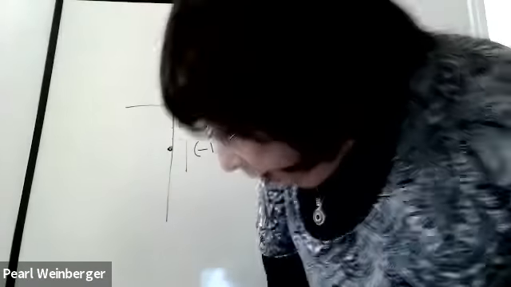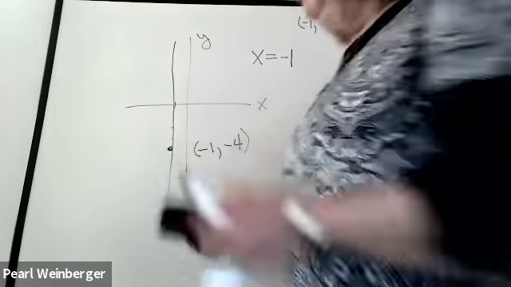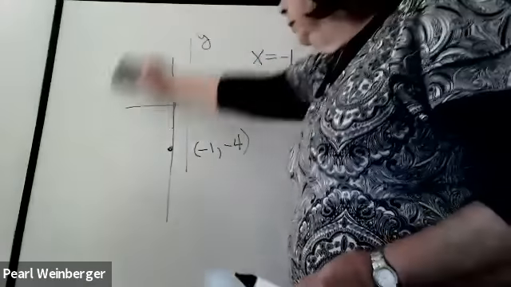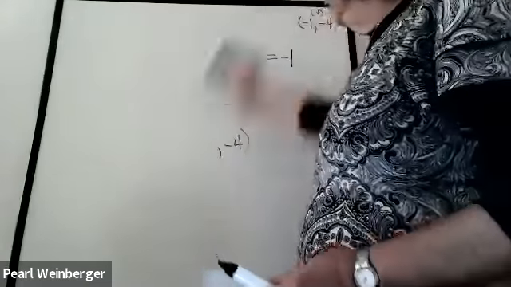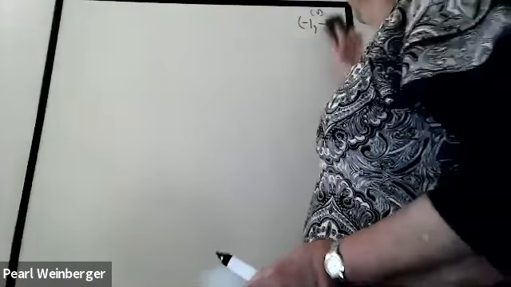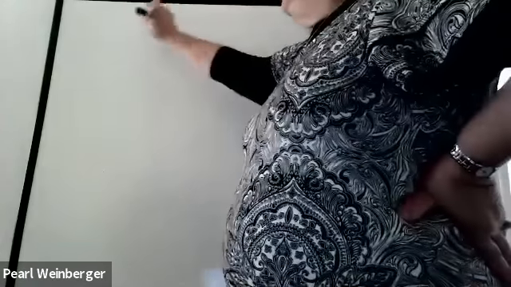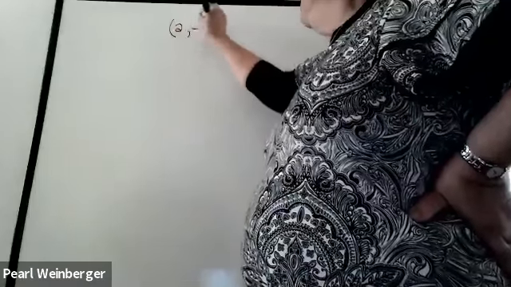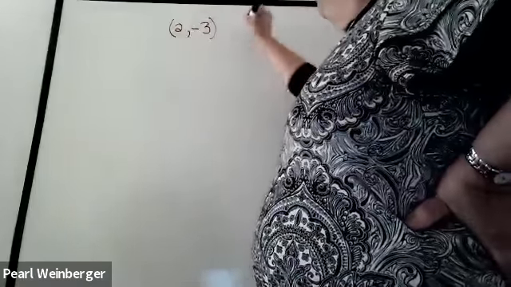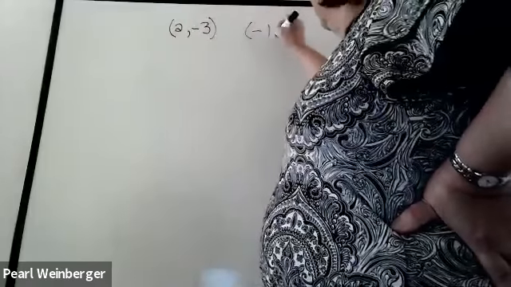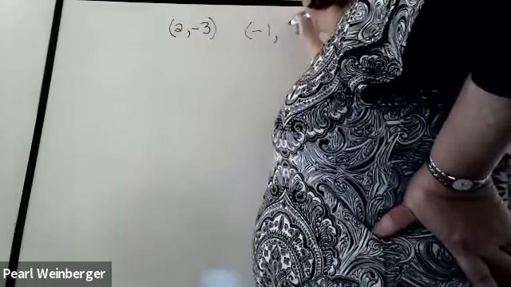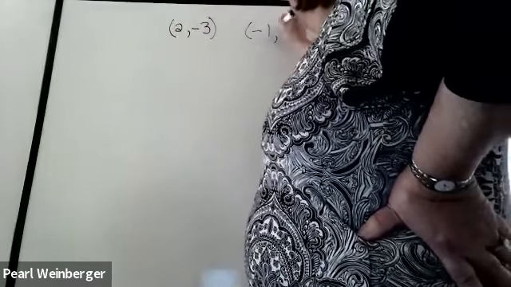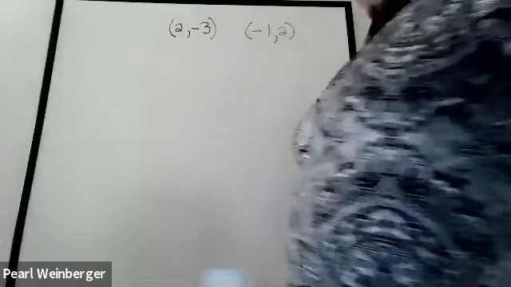Okay, so I want to talk a little bit more about the slope of the line. Let me give you 2 points. Let's say I give you the point 2, -3, and the point -1, 2.